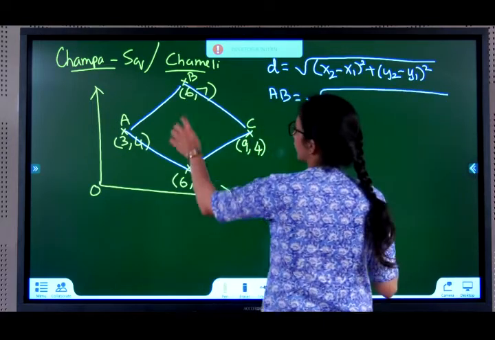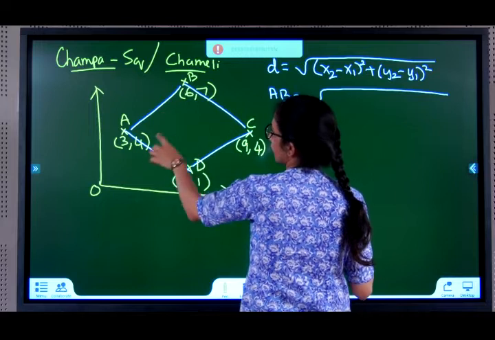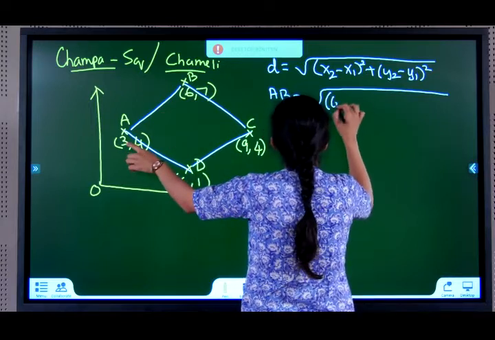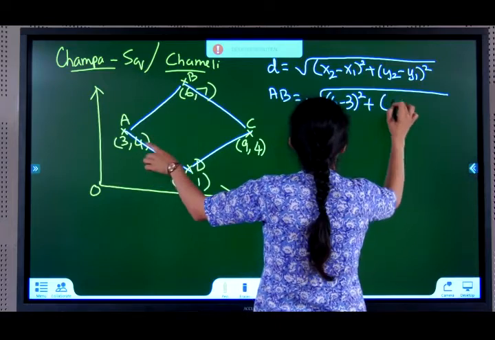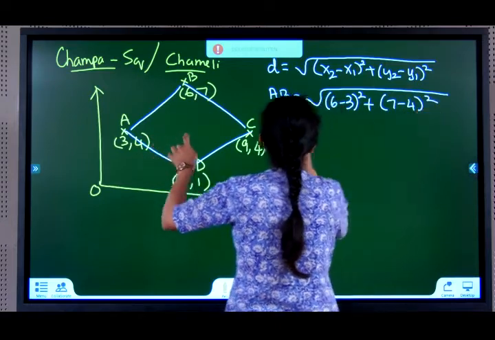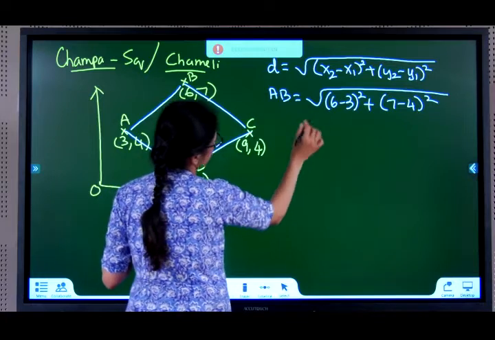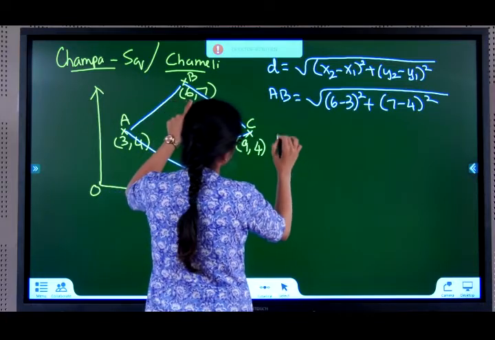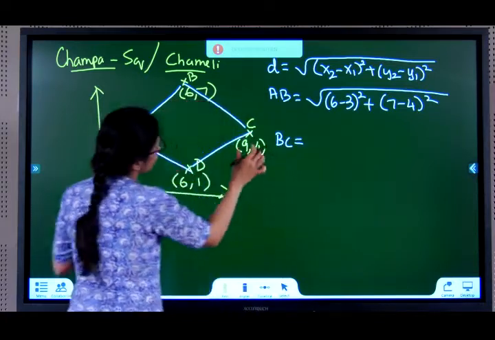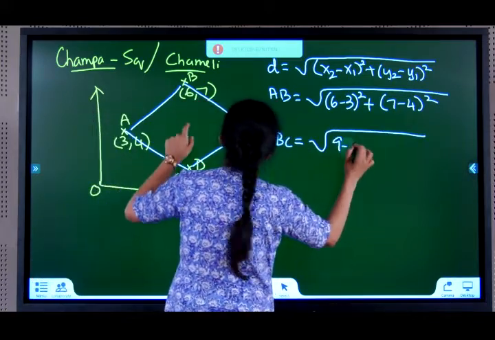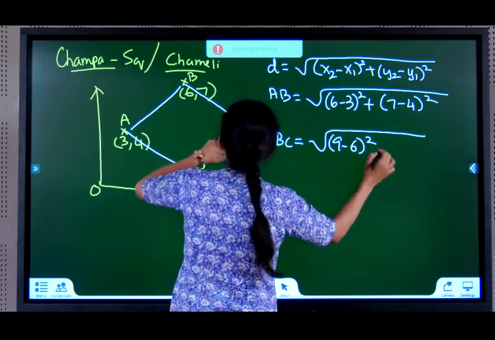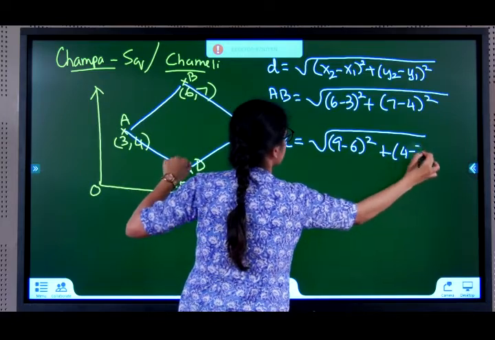Root of x2, y2, x1, y1, 6 minus 3 whole square plus 7 minus 4 whole square. Do it, solve it. I will just leave some space for you to solve. BC, x2, y2, x1, y1, 9 minus 6 the whole square plus 4 minus 7 the whole square.